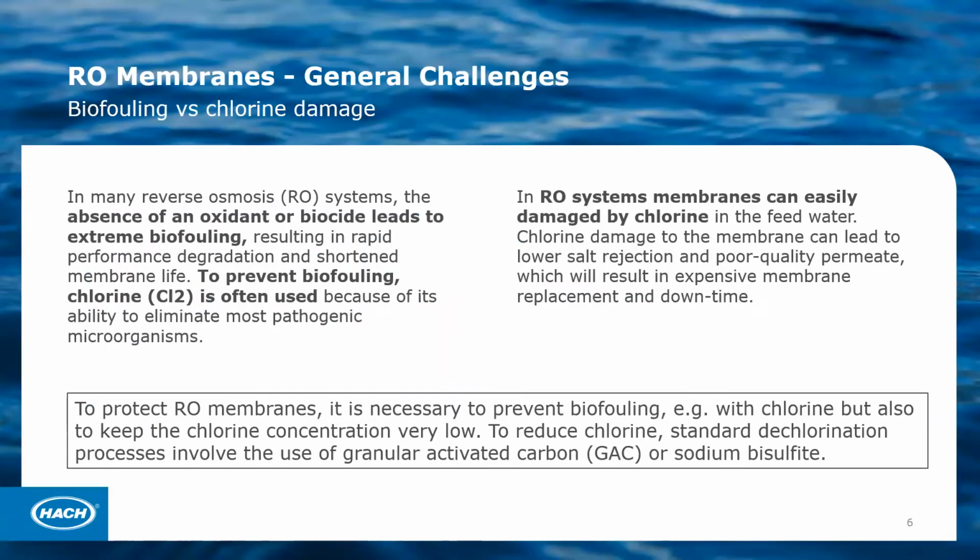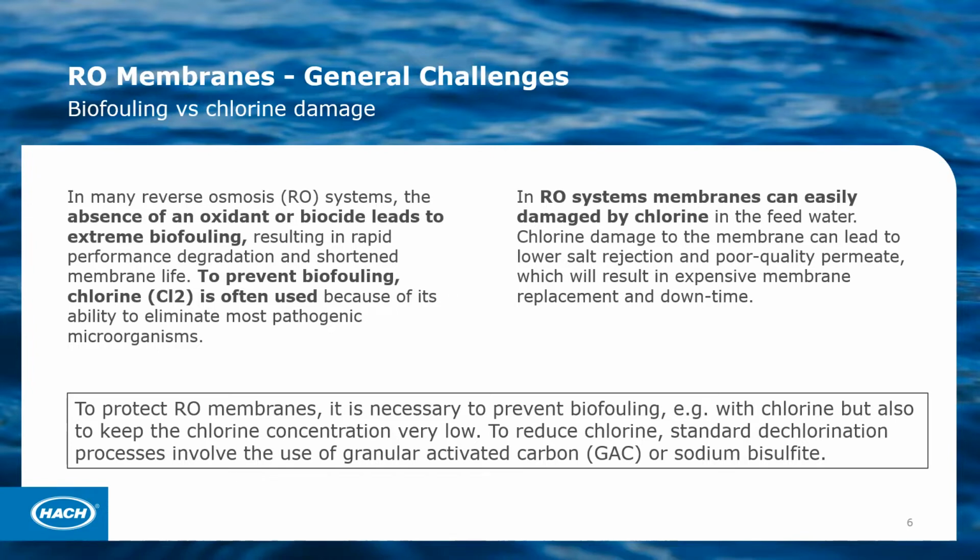Now, for those of you who are familiar with RO membranes, and you perhaps already operate those in your facilities, you are likely very well aware that depending on the type of reverse osmosis membrane you have or are considering operating, you need to be very mindful of oxidants. And here in North America, our primary oxidant that we have to deal with is chlorine.